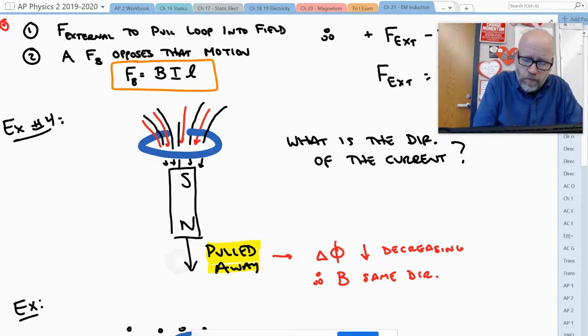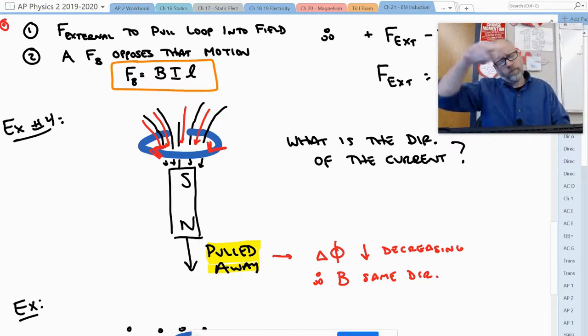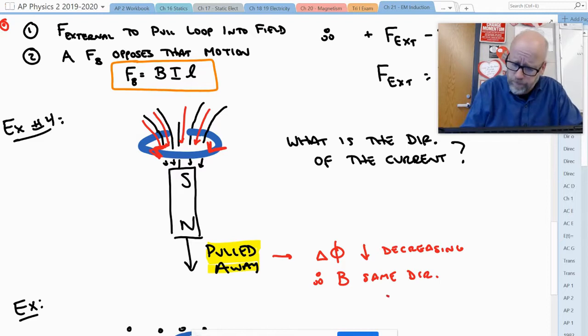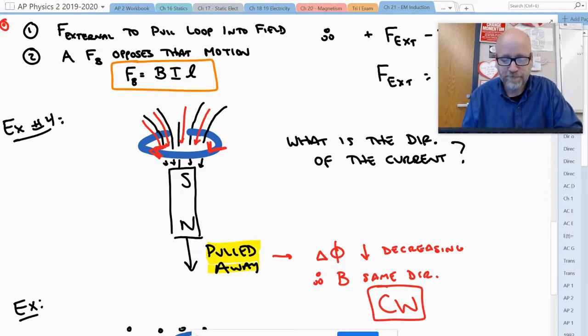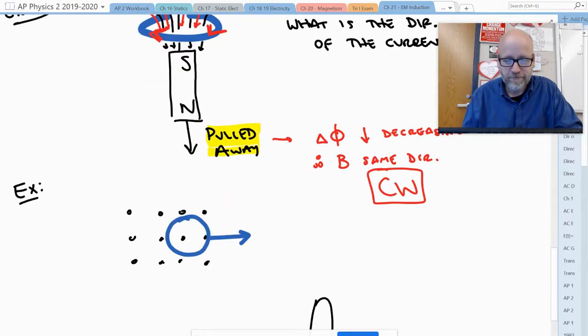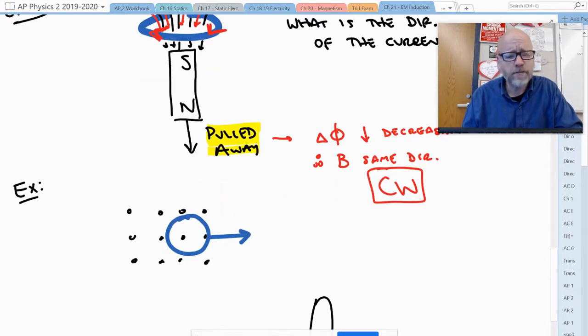Anybody else get clockwise? The same direction a clock goes. All right. If you didn't get it, maybe I'm wrong. Hope not. We'll find out in class.